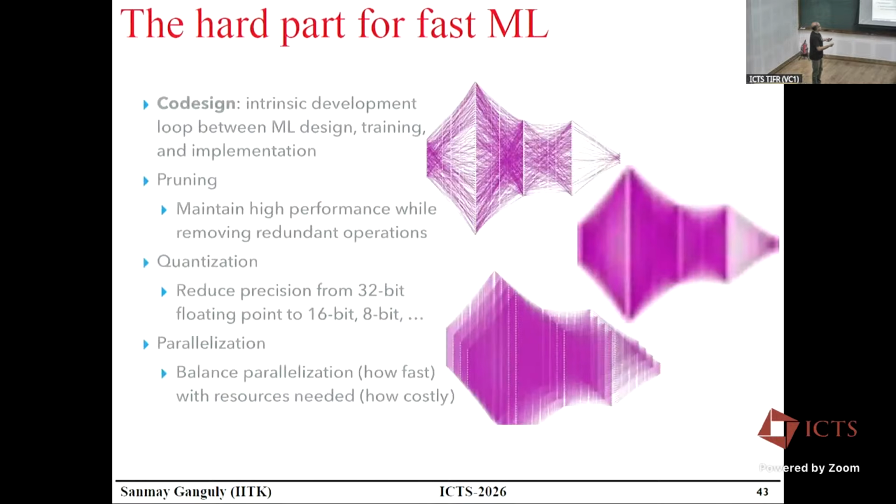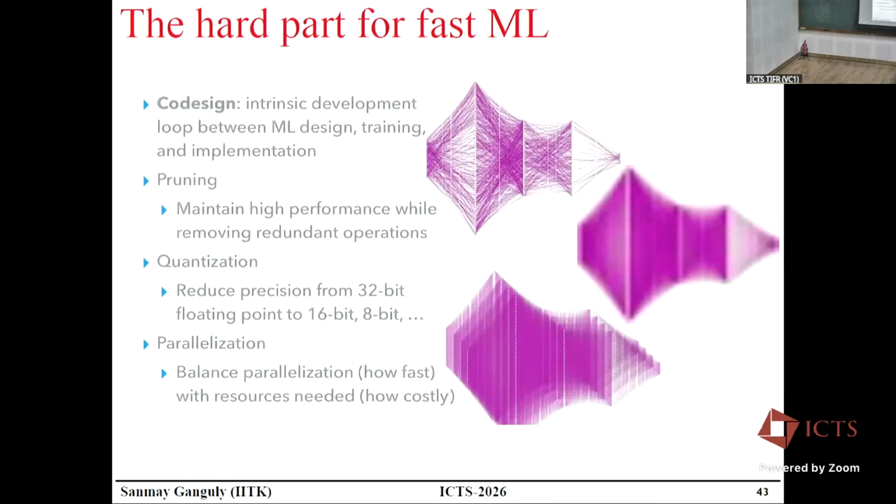Then you do things such as pruning, quantization, and parallelization. These are the technical steps you take for deploying machine learning on FPGA level. The whole idea is that you reduce your precision and try to maintain similar performance. There are technicalities there.